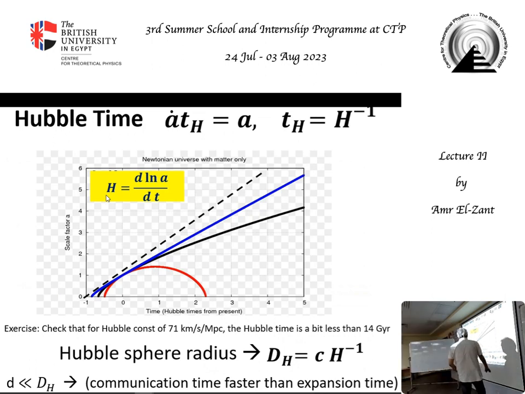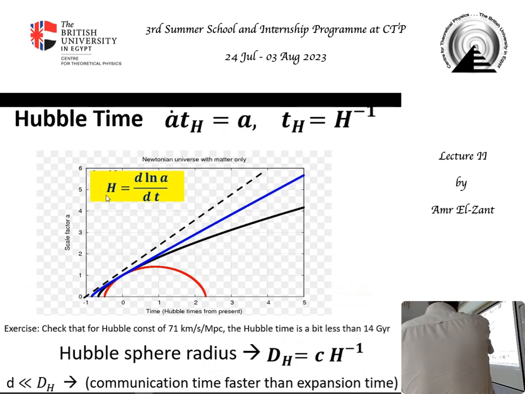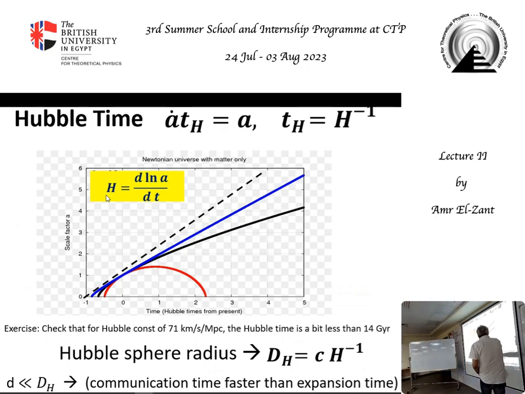So if we put a current Hubble parameter of 71 kilometers per second per megaparsec, try to do this in seconds to the minus 1 and see how it works. You'll find that it's about 14 gigayears. Already you can know the age of the universe from measuring this Hubble parameter.